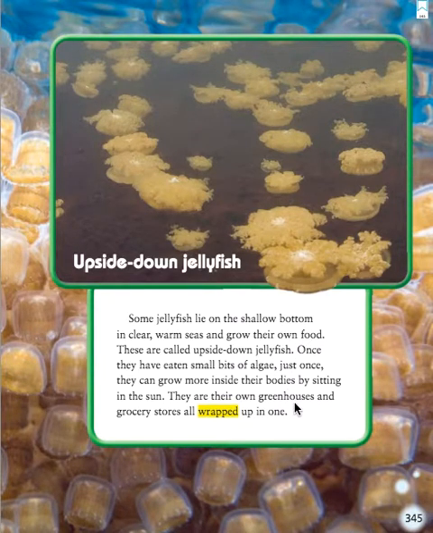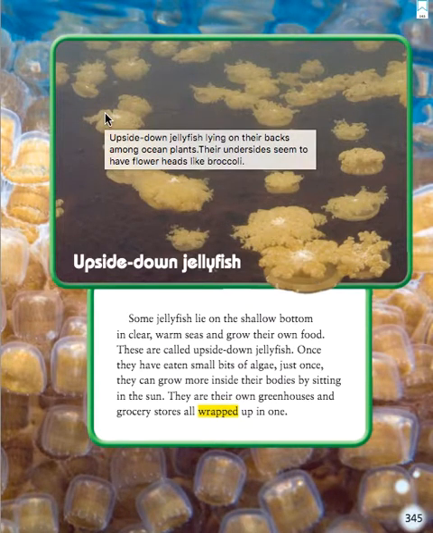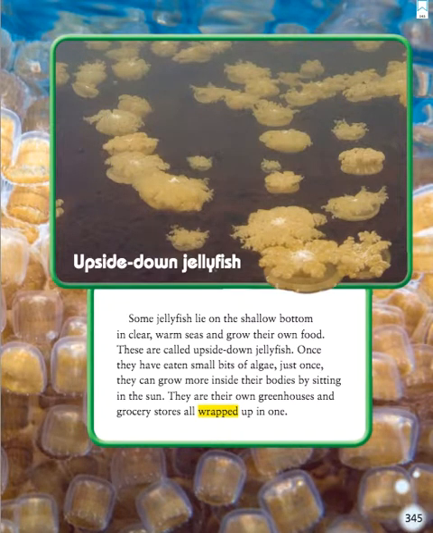They are their own greenhouses and grocery stores, all wrapped up in one. And we have a picture of the upside-down jellyfish right here. They are lying on their backs among ocean plants. Their undersides seem to have flower heads like broccoli.